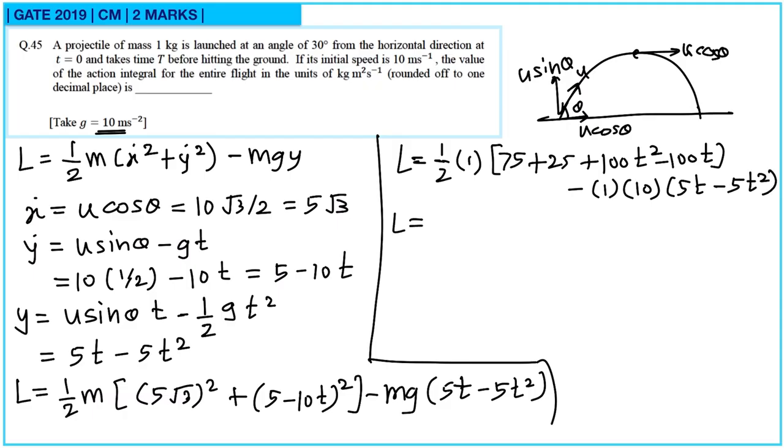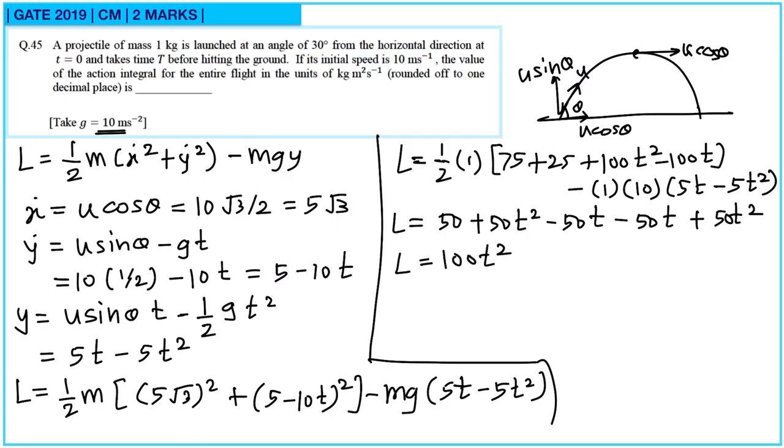So L is equal to, this is 100 by 2 which is 50, 100 t square by 2 is plus 50 t square, minus 100 t by 2 is minus 50 t, and minus, this is 10 into 5 minus 50 t and plus 50 t square. So finally L is equal to 100 t square minus 100 t plus 50.